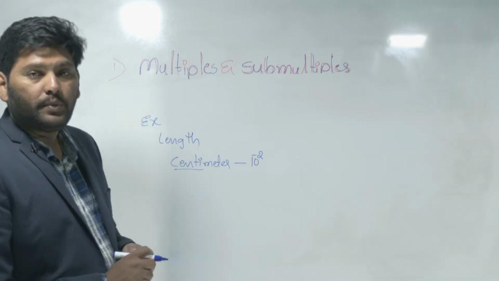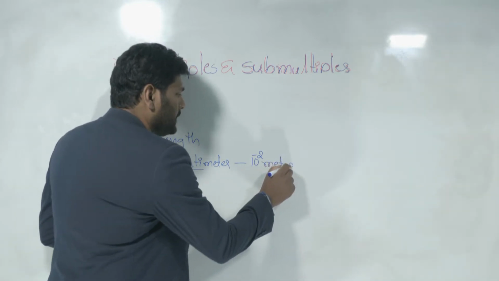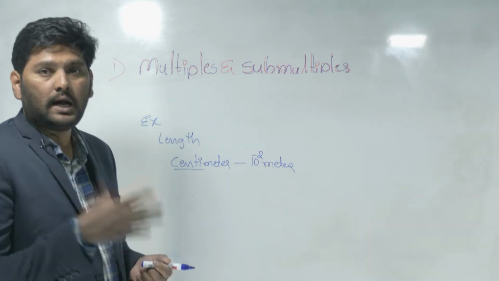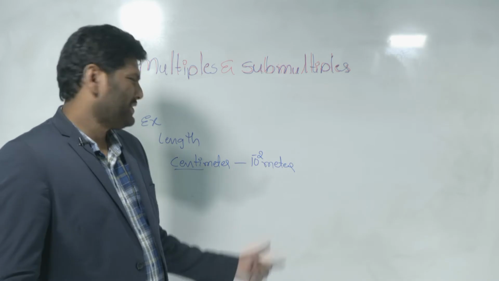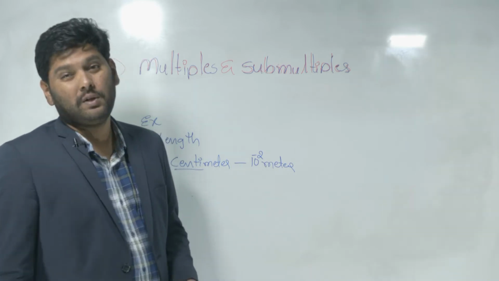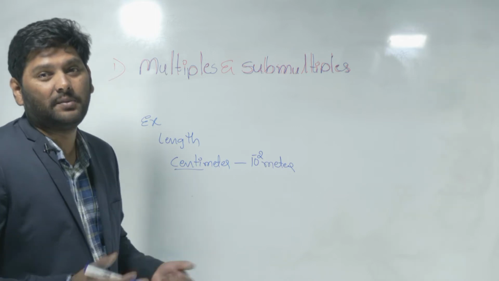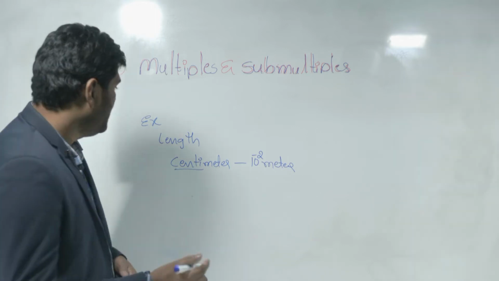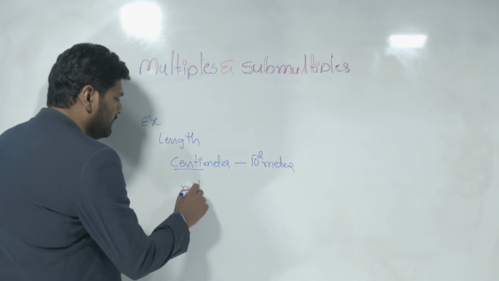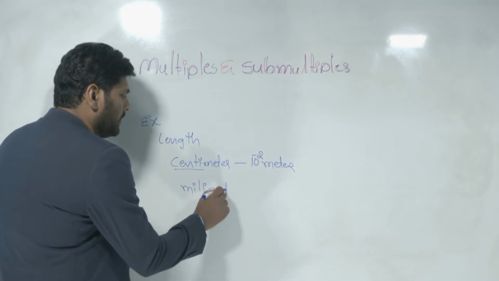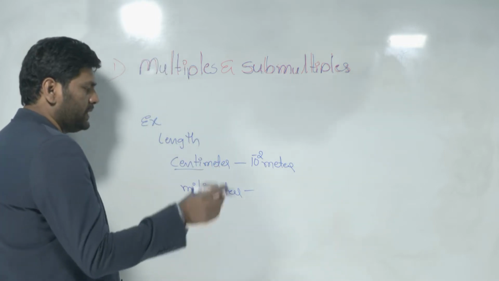Centi represents 10 power minus 2 of a meter. So centimeter is nothing but 10 power minus 2 meter. Expressing 10 power minus 2 is difficult, so in a simple way we call it centimeter. Understand? Next, millimeter.